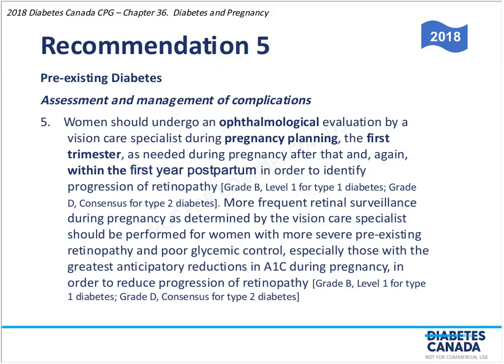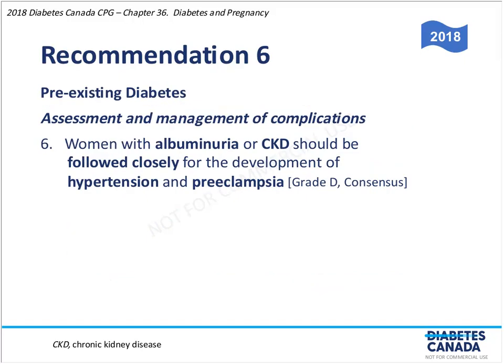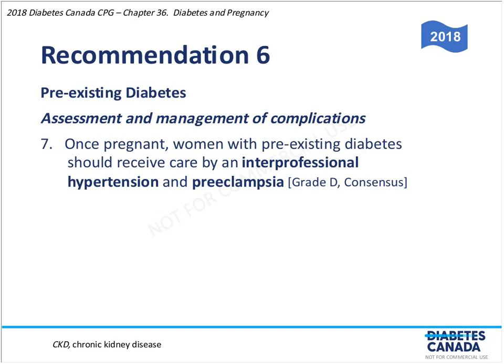So that hasn't changed. It's not easy to accomplish, but that's the recommendation. As far as other microvascular complications, looking for albuminuria, evidence for chronic kidney disease, preconception. Clearly, if patients have albuminuria or reduced GFR, it significantly increases the risk for preeclampsia and preterm delivery in that setting. So nothing new there.